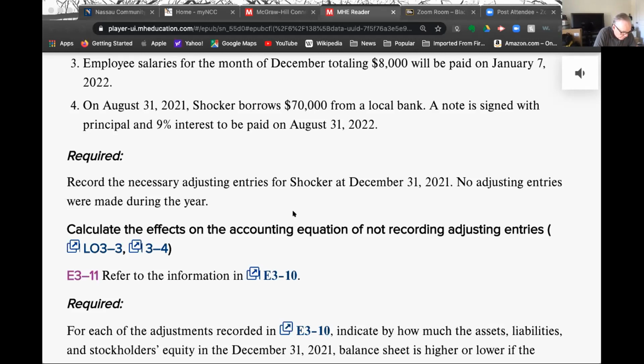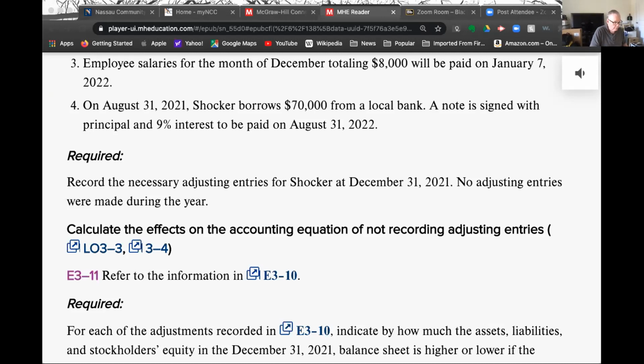Supplies. Office supplies at the beginning of the year were 1,000. On October 15th, they purchased an additional 3,400. At the end of the year, there were only 500 remaining. Now, whenever we see adjustment for supplies, that's a debit to supplies expense and a credit to supplies, right?